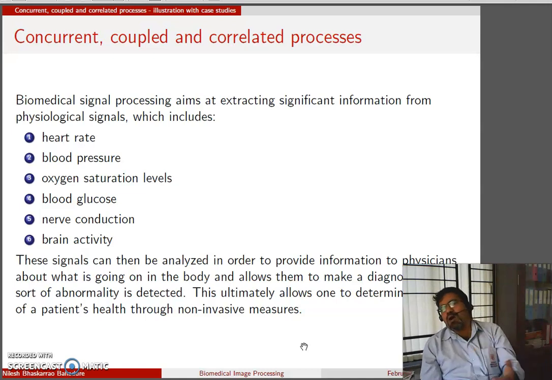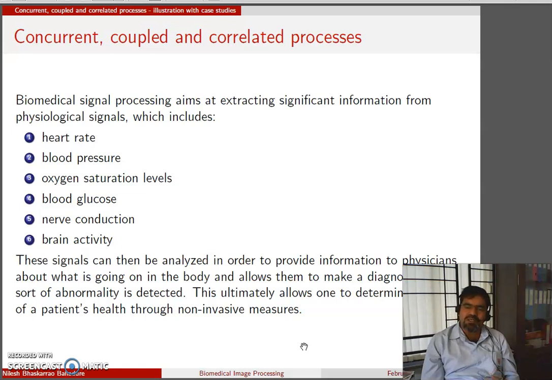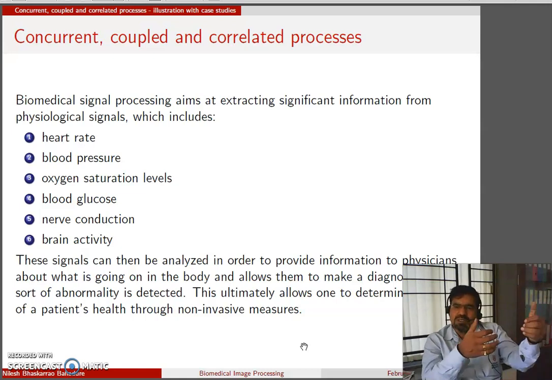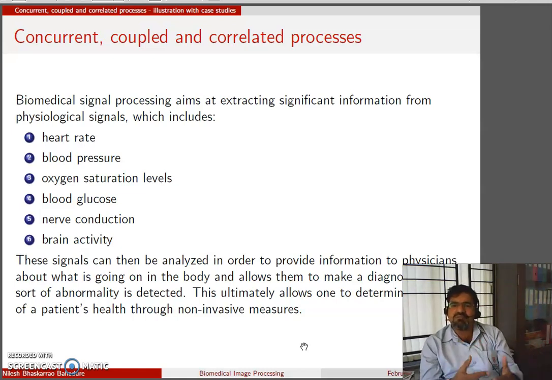Because how can you detect the abnormality? How can you say that the person you are going to diagnose is in a normal condition or has some disease? So overall, you have to include some parameters. Here is what you measure: the heart rate, whether it is according to the normal condition or not.